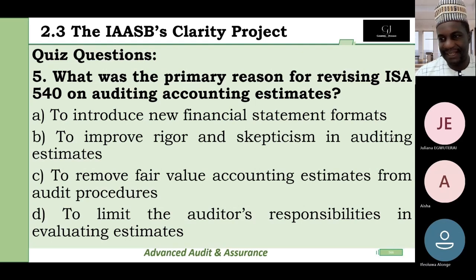You really remember ISA 540. So we're waiting for A now. A, what's your pick? B. Okay, she went for B. All right. Final answer B.